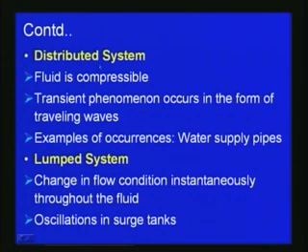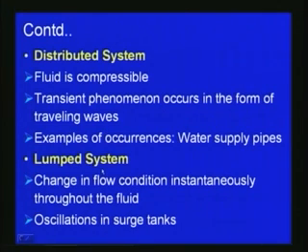For a distributed system, we will derive the fundamental equations by assuming the fluid is compressible, and the transient phenomenon occurs in the form of travelling waves. An example is water supply pipes, where sudden closure of a valve gives rise to hydraulic transients.